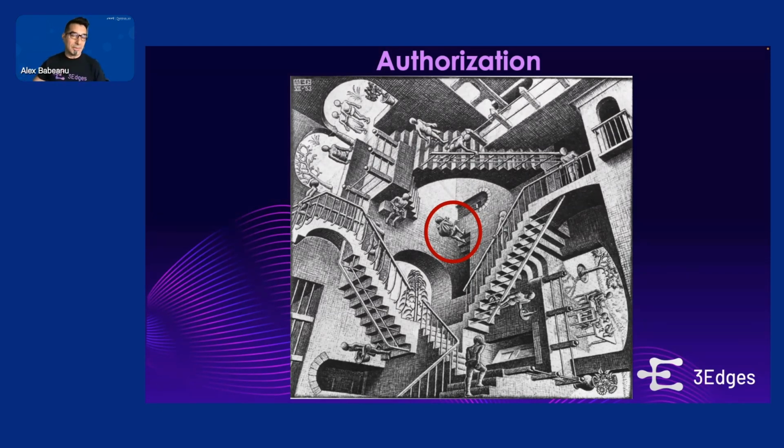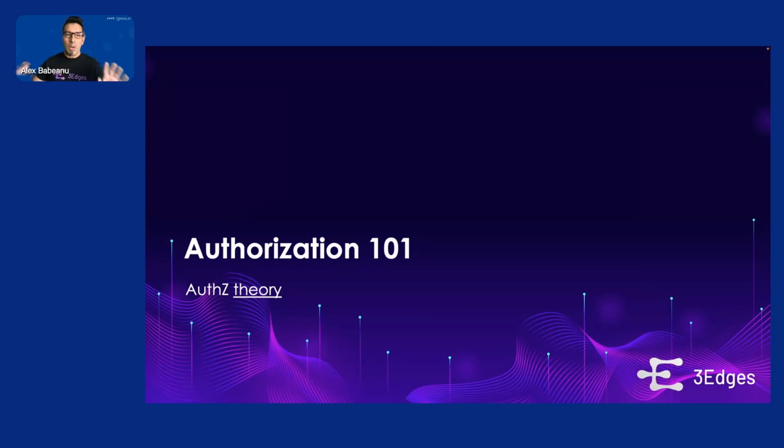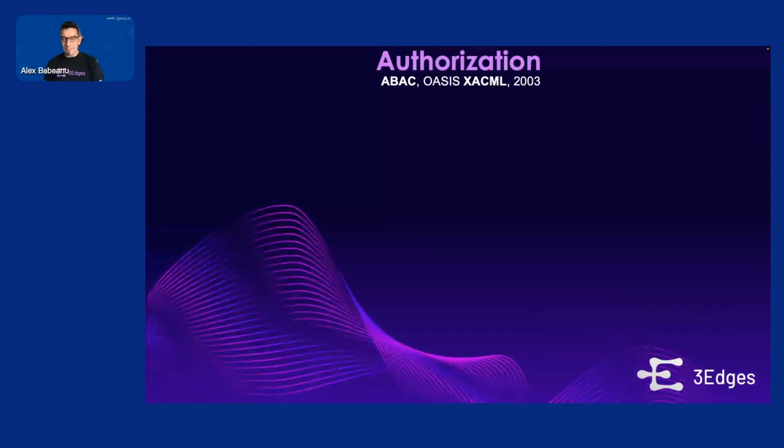So how do we do this? Here is a quick 101 on authorization theory, the canonical way, if you will. Back in 2003, so about 20 years ago, there was a specification called XACML, or Extensible Access Control Markup Language, and that defined a way to do authorization using attributes.